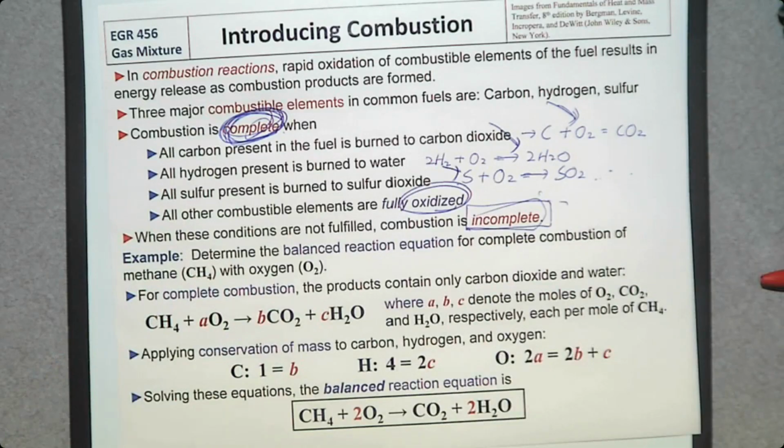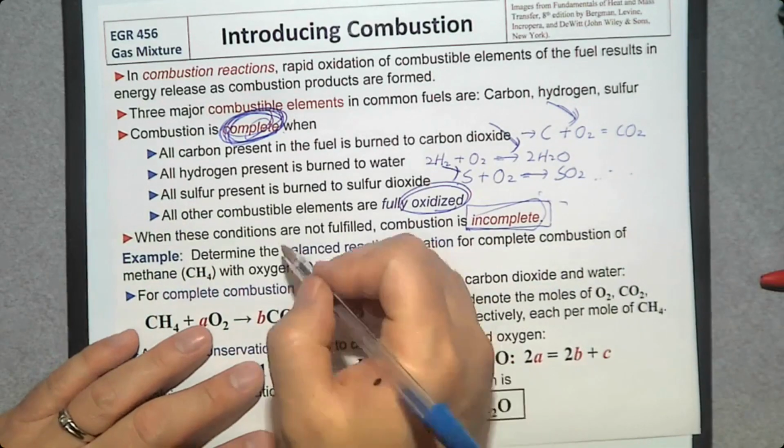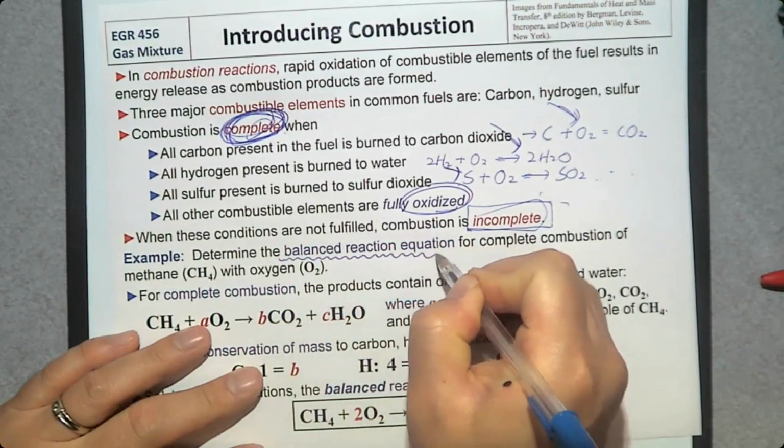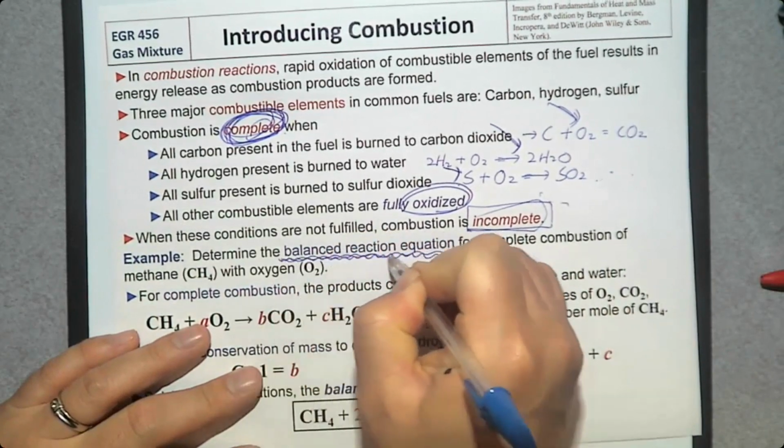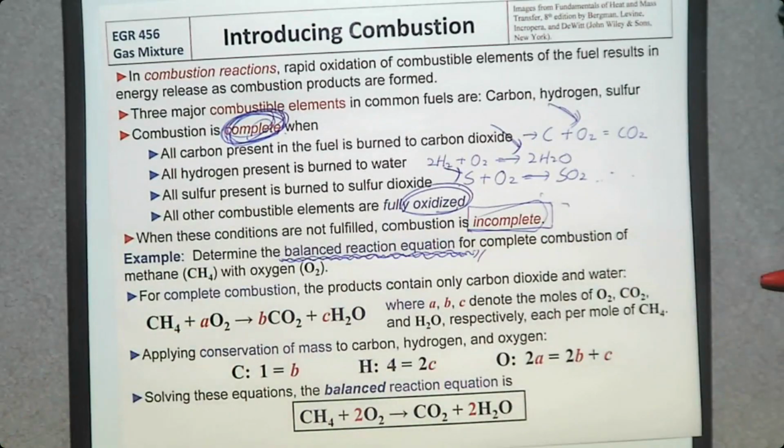We need to know what is called a balanced reaction equation. So whenever there is a chemical reaction, we need to be able to complete this balanced reaction equation. And this is on a molar basis. 1 mole of methane is going to react with oxygen and becomes carbon dioxide and water.